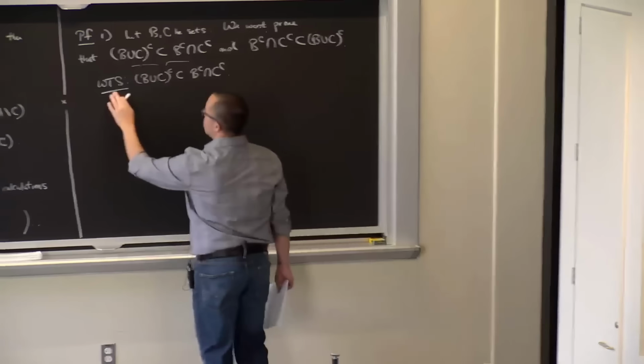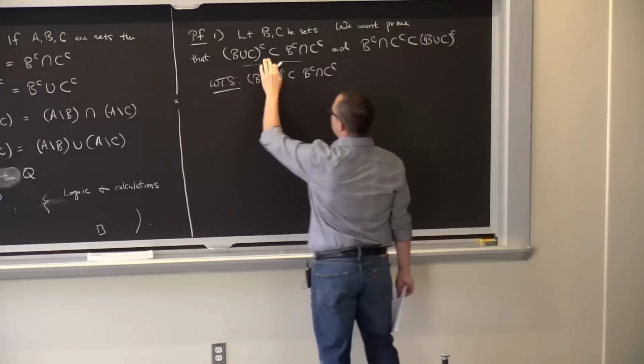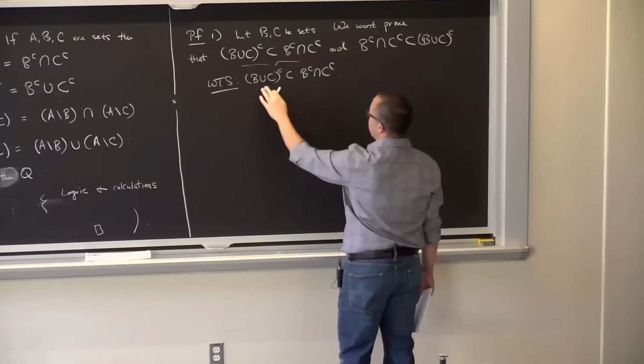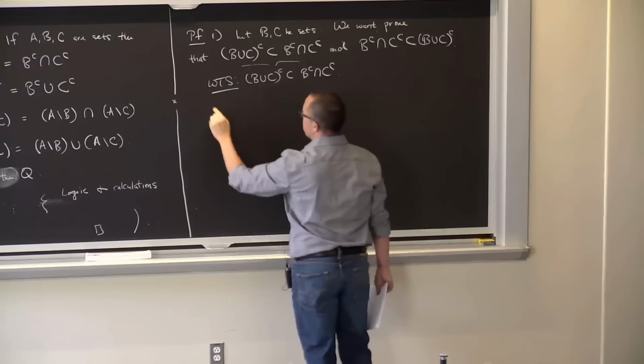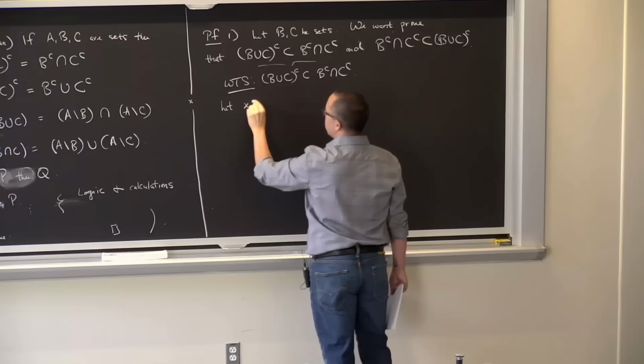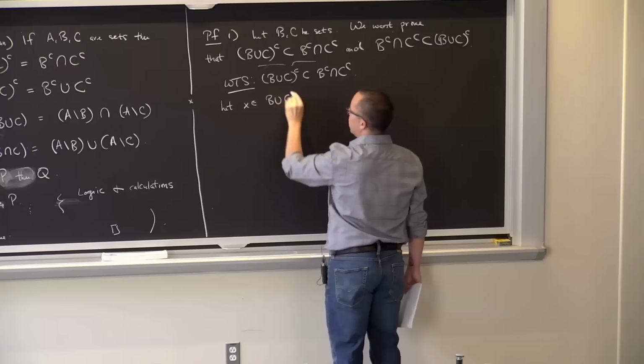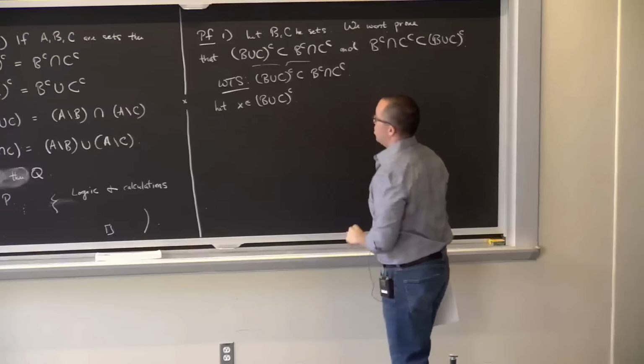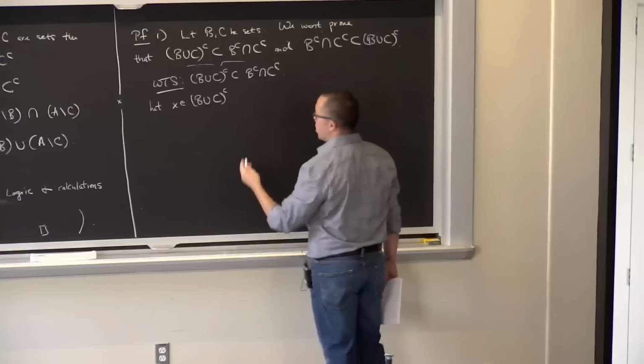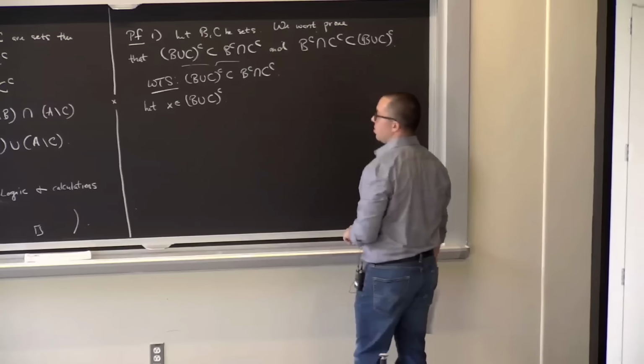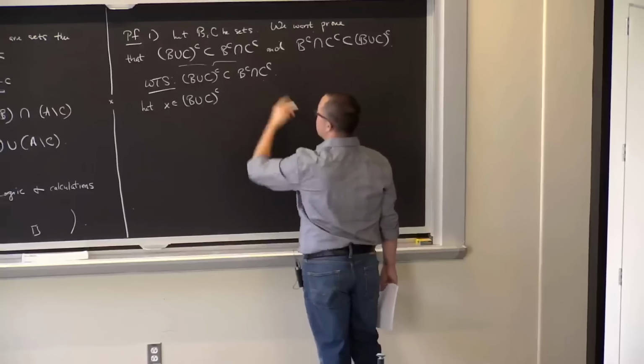So the first thing we want to show is we have this inclusion. That means every element here is an element here. So let X be in B union C complement.